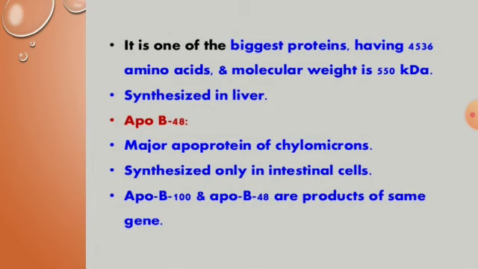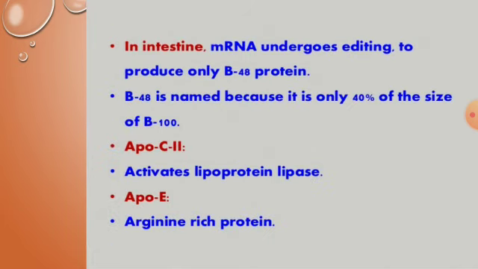ApoB100 and ApoB48 are products of the same gene. In the intestine, mRNA undergoes editing to produce only the B48 protein. B48 is named because it is only 48% of the size of B100.